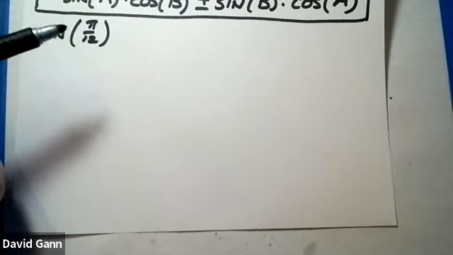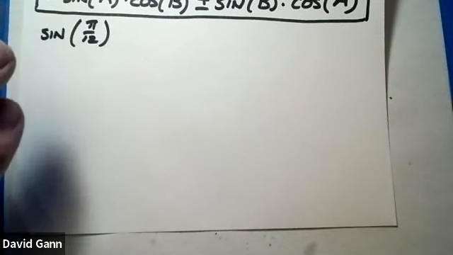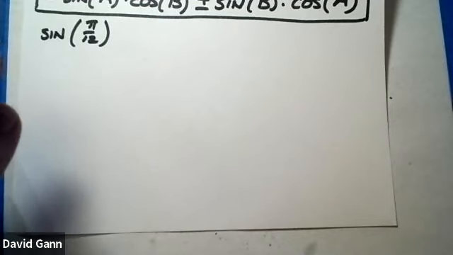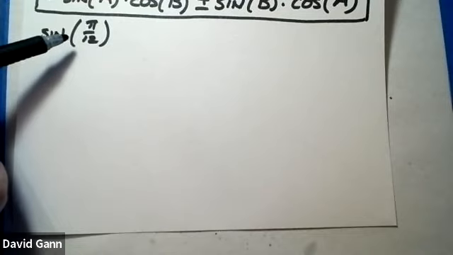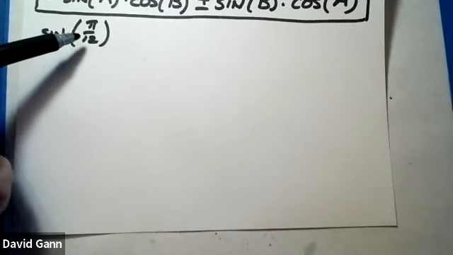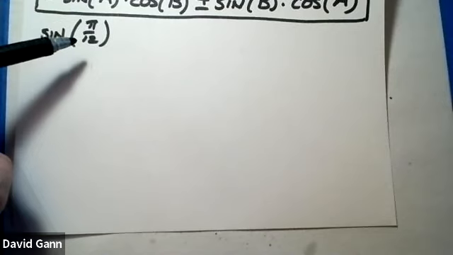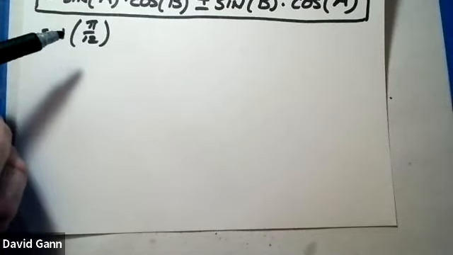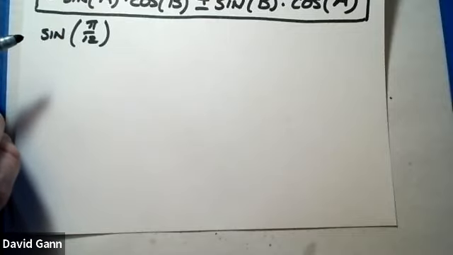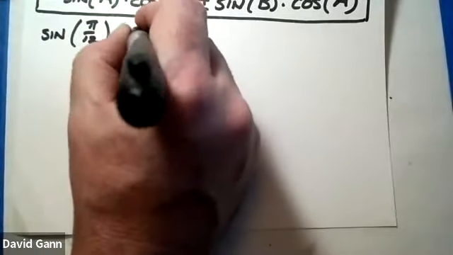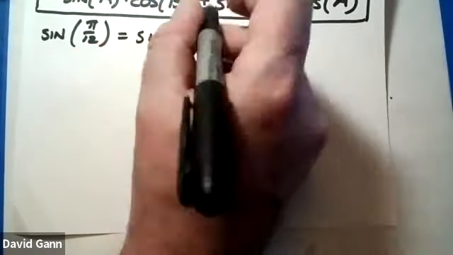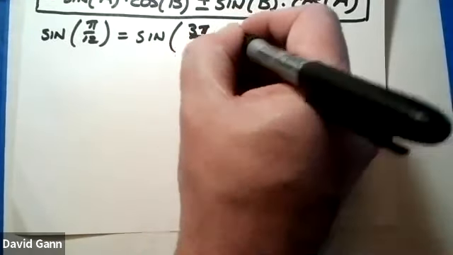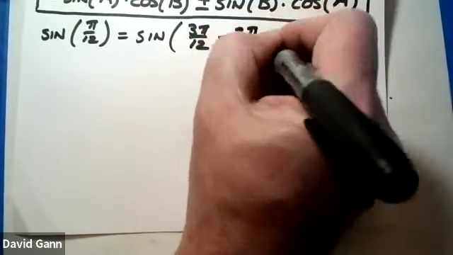So that's the clue that it's probably a difference. You remember what we did before with cosine of 15 degrees: it's 45 minus 30. Anytime you're working with radians, if it's a 12th, the first thing to do is break this up into some number of quarters and some number of thirds or sixths. So I'm going to write this as sine of 3 pi over 12 minus 2 pi over 12.